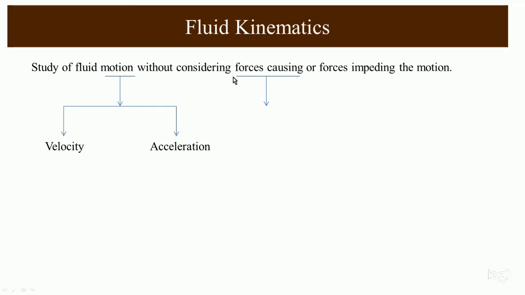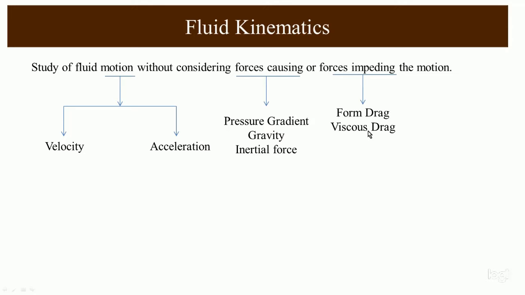Now the forces which cause the fluid motion may be pressure gradient, gravity, inertial force, even electrical and magnetic reasons also may be there, but these are major causes. And forces impeding may be form drag or viscous drag, okay.